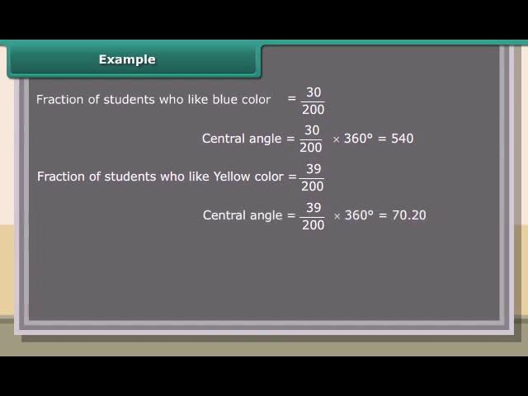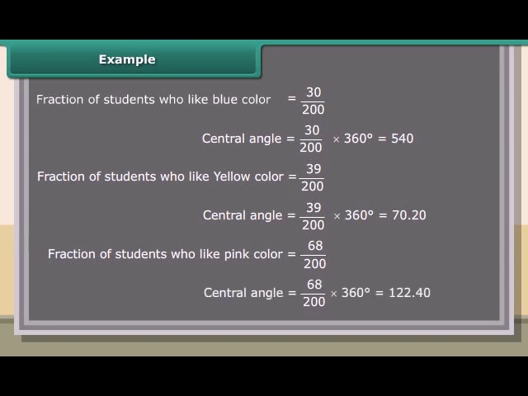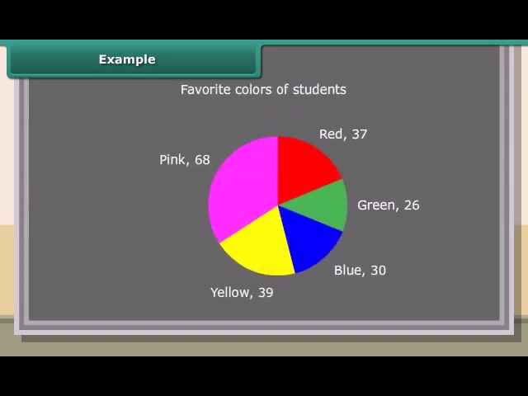Now central angle is equal to 39 upon 200 times 360 degrees, which is equal to 70.2 degrees. Fraction of students who like pink color is equal to 68 upon 200. Central angle is equal to 68 upon 200 times 360 degrees, which is equal to 122.4 degrees.